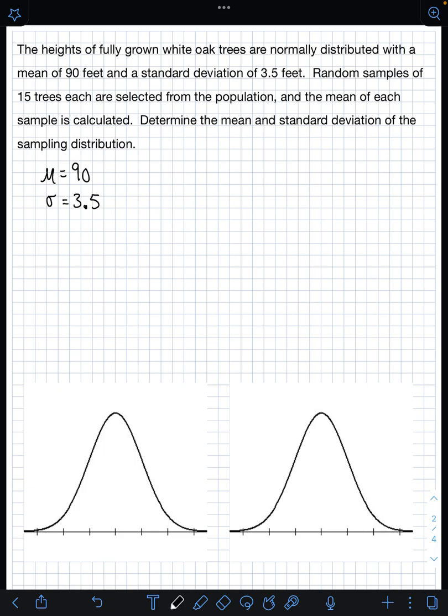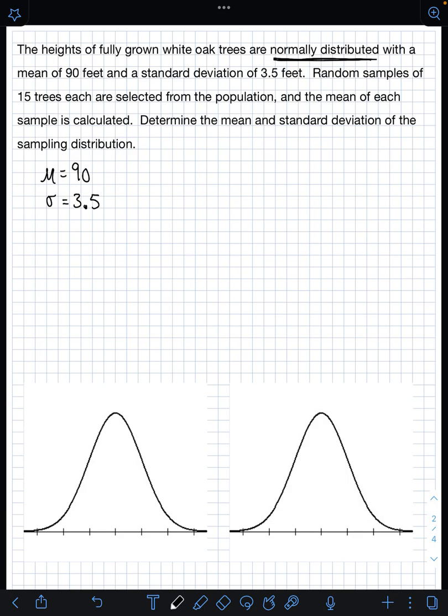And if we did this enough times, we would start to see a normal distribution emerge. The sample size is only 15, but because we are told that the heights of the trees are normally distributed, since we have a normally distributed population, we can get away with a smaller sample size like 15.